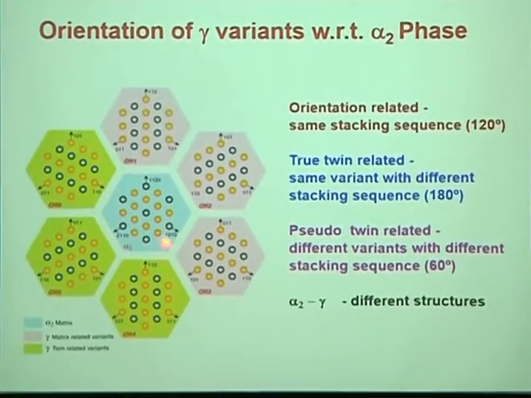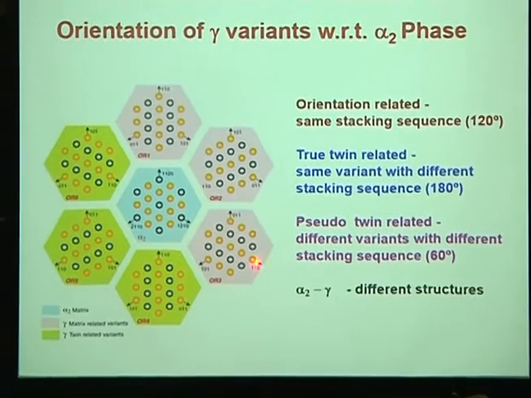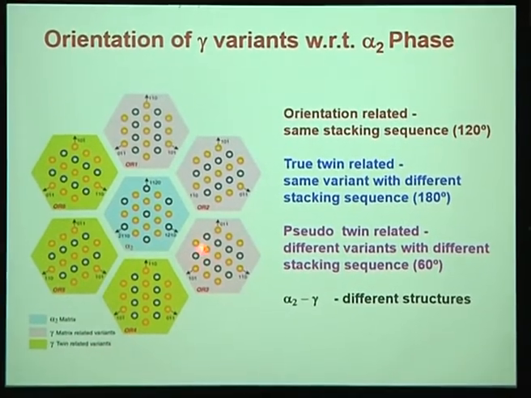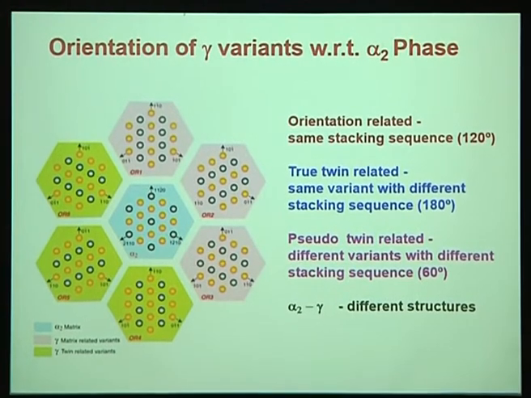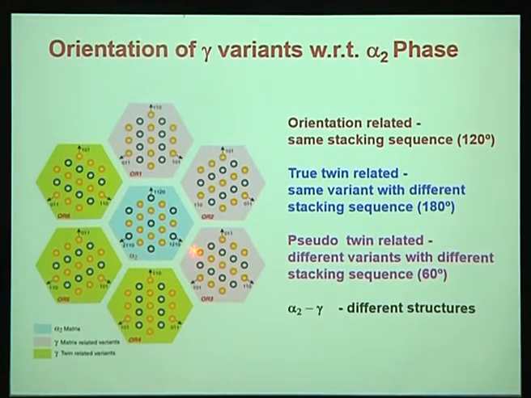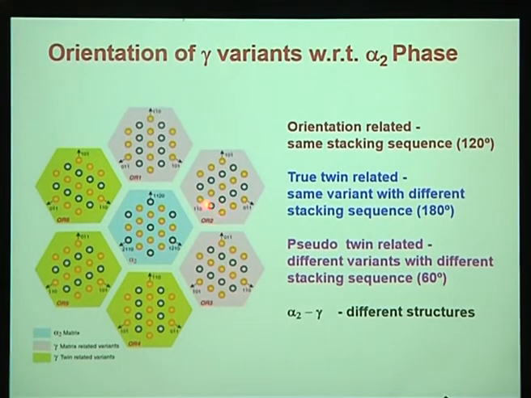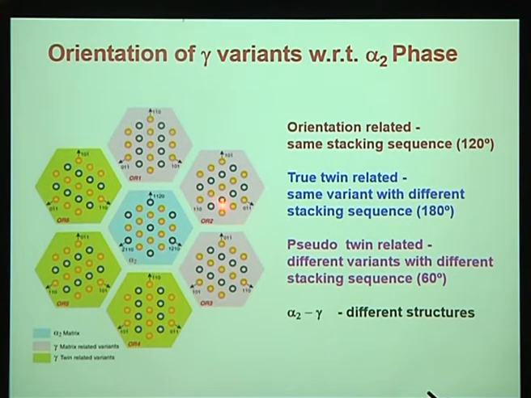When the ordered gamma lattice forms, what you can see is that it can form with this ordered layer arranged in this direction, or in this direction, or in this direction, all are equivalent, correct? But with respect to this lattice, they are distinct because there is an ordering. If ordering is not there, they will turn out to be the same.